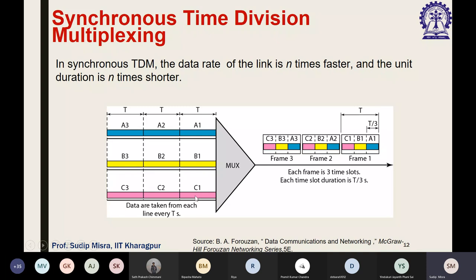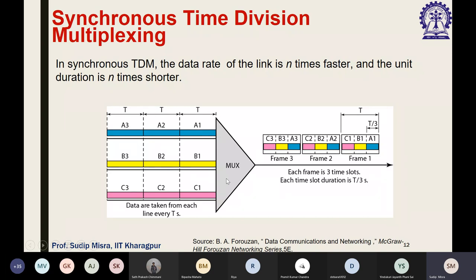So for A, let us say that there are different frames that are going to come. So input frames A1, A2, A3. For B, B1, B2, B3, and C1, C2, C3, right? Each of these is going to have an input time duration for the frame of T units, T seconds, T milliseconds, T microseconds, whatever you call T units, right?